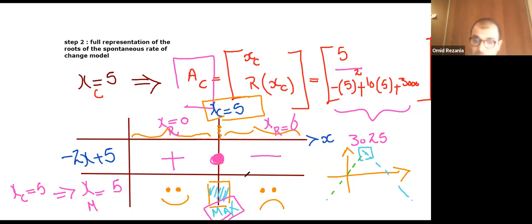And you can also plot it on Desmos, and you get the same result. You can also look at this, guys. If you always wonder how you can remember this one, look at this. When you have the smiley face, then as you move along the x, you lose your smiley face to a crying face.